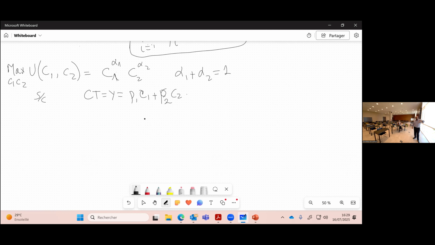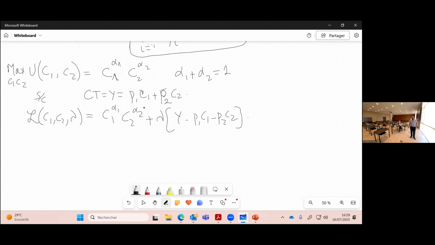What we have to do, because I don't know if you have time, but we'll try, we construct the Lagrangian of this function. By definition, what is the Lagrangian here? It is C1 to the alpha 1, C2 to the alpha 2, plus lambda times the constraint.